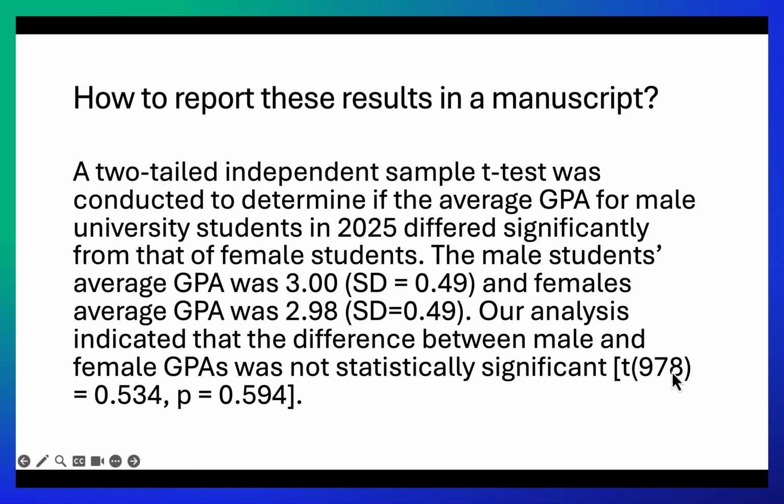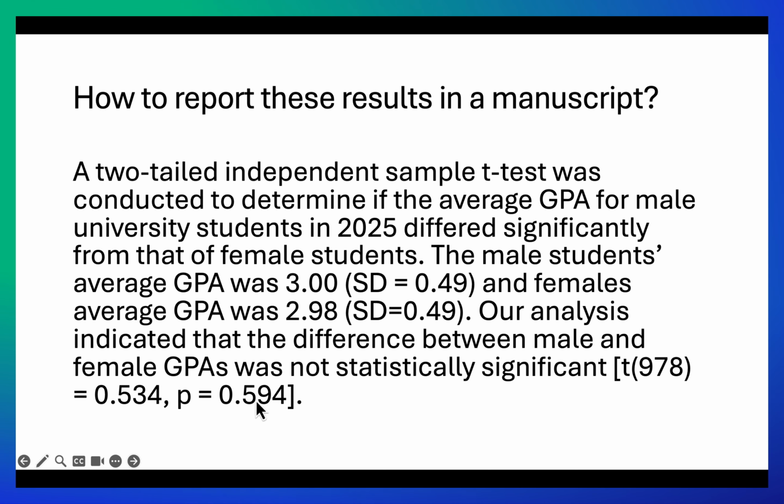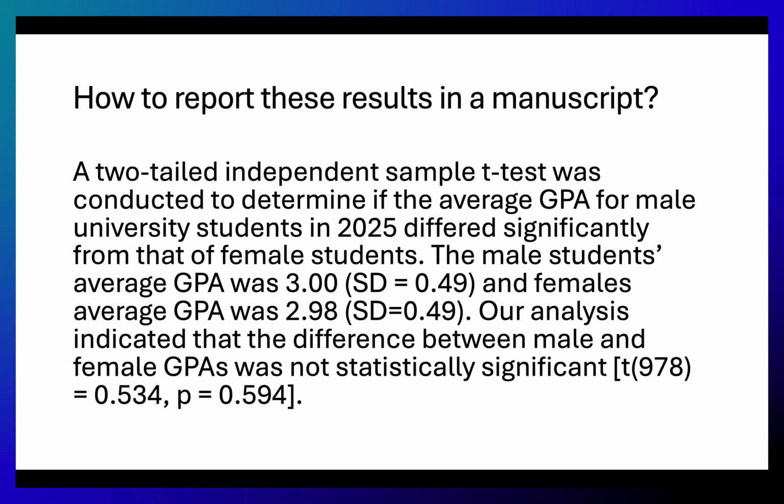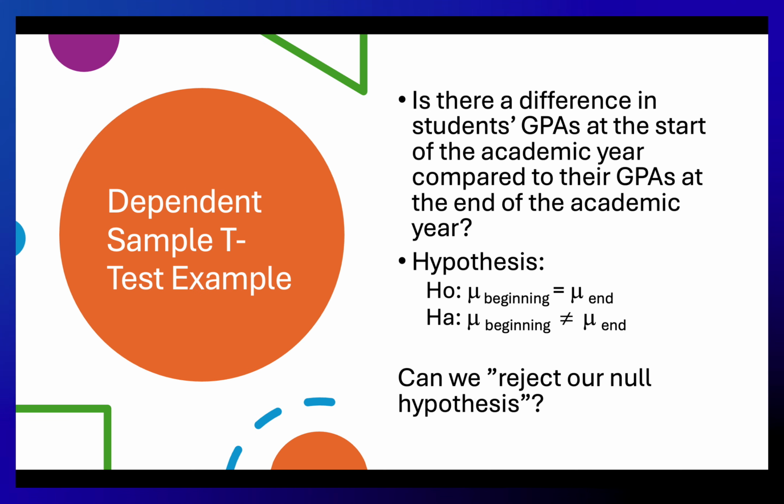Your degrees of freedom, your t statistic itself, and then the p-value of your two-tailed test. From the first row of the output, because you could assume equal variances, that assumption was met by your analysis. So you report the results from the first row of output.